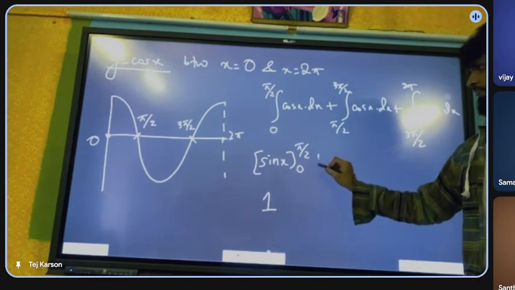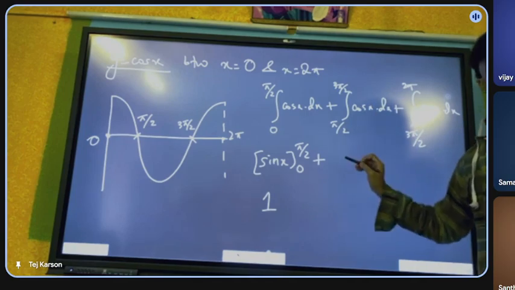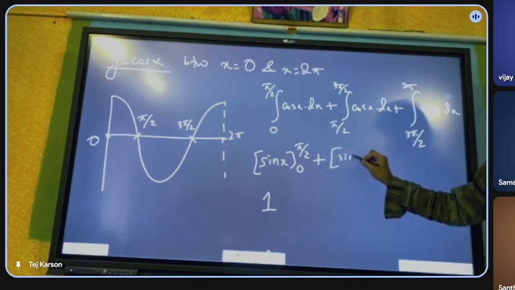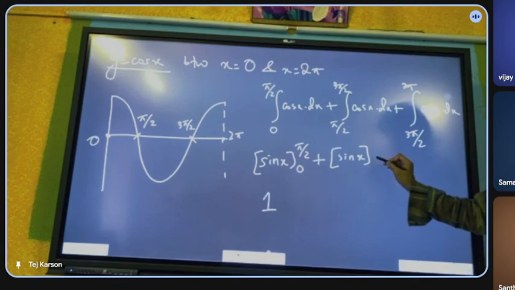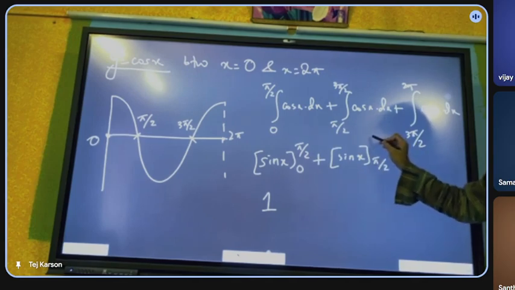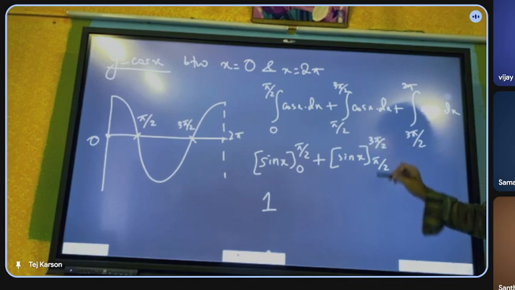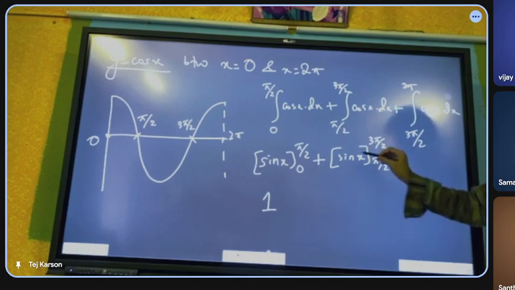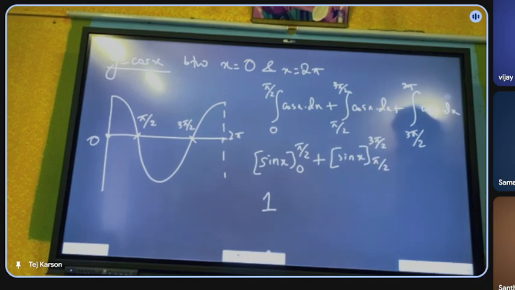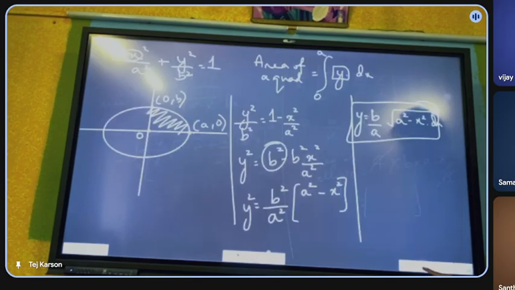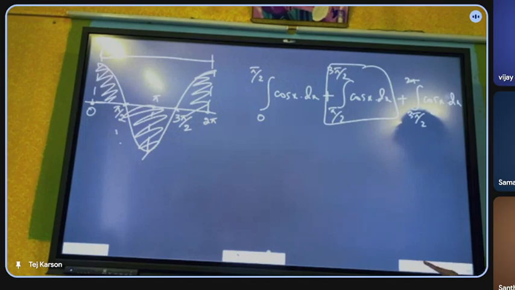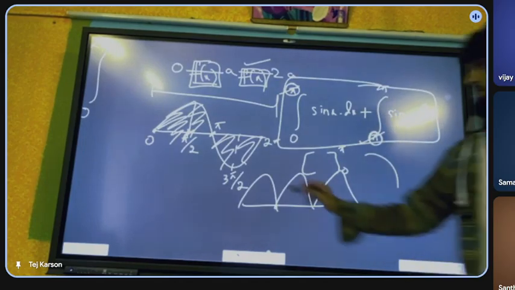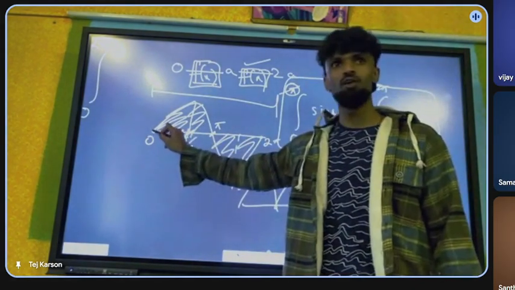Now plus. What's this answer? Integration of cos x is sin x. But this time it's from pi by 2 to 3 pi by 2, that is 90 to 270. Sin 270, what's the answer? My bad. Guys, look at this. Sine 0 is 0.